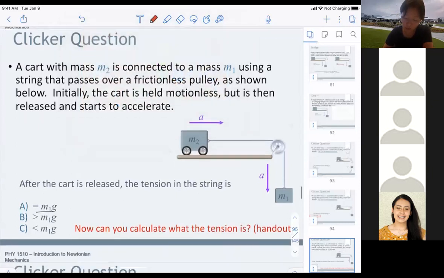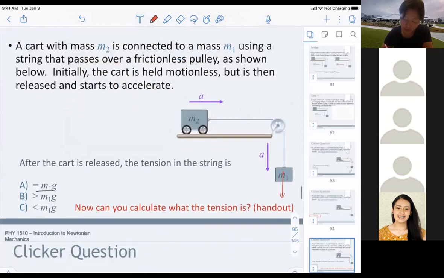So let's look at M1 again. M1 has gravity pointing down, that's M1g, and it has tension pointing up. Before, we had tension exactly balancing out gravity, the exact same length of arrow pointing up.